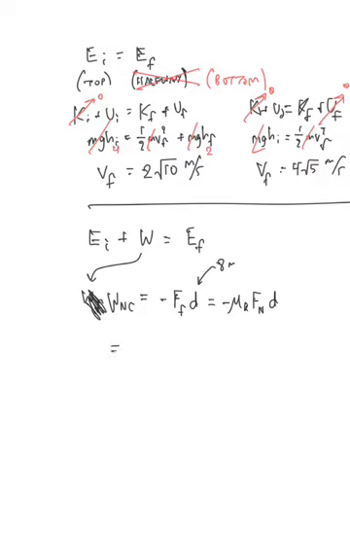And that's equal to minus mu k, which is given. Now the normal force, if you remember what the free body diagram for this problem looked like, it had a gravitational force going straight down.